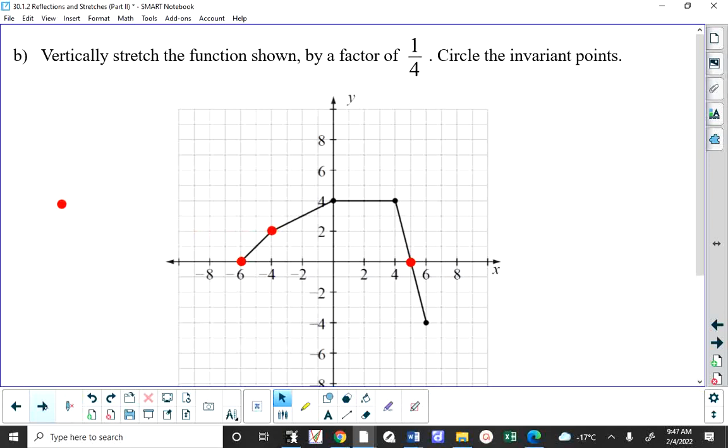If we want to stretch it vertically by a factor of 1/4, we have to figure out what 1/4 of that distance 2 is. So 1/4 of 2 is 1/2. This point is going to end up being here. I suppose in keeping with the pattern that I've established, we should connect that.